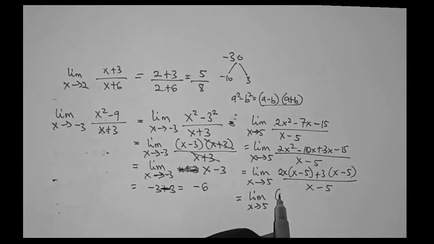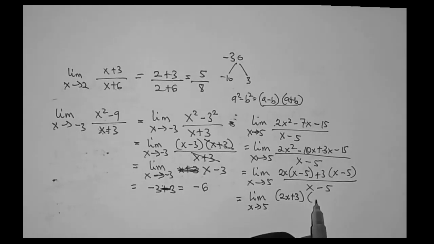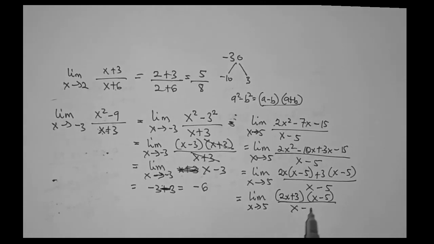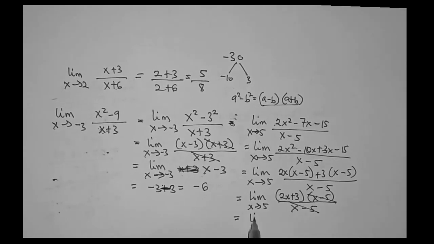In one bracket, 2x plus 3, then this bracket is x minus 5, divided by x minus 5. You see that this x minus 5 and this x minus 5 can cancel out. So at the end of the day, we are left with the limit as x approaches 5 of 2x plus 3.